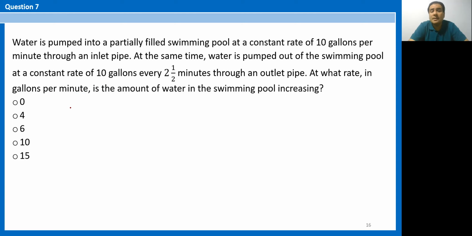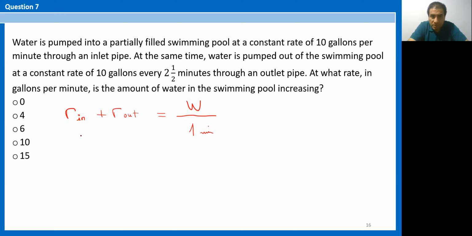Okay, I can say the rate of ingressing the water plus the rate of taking out the water of the swimming pool should be the total amount of water, right? Let's call that W, that the swimming pool is increasing in 1 minute, because we want to know that.